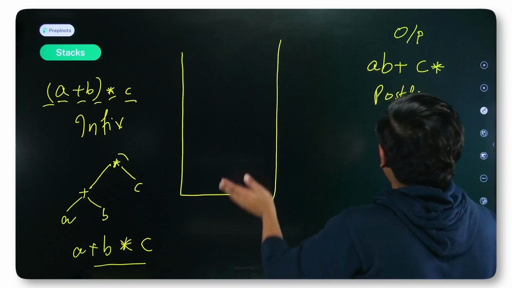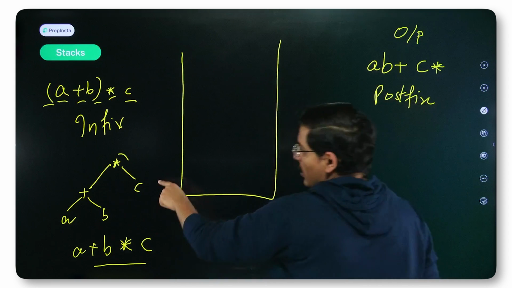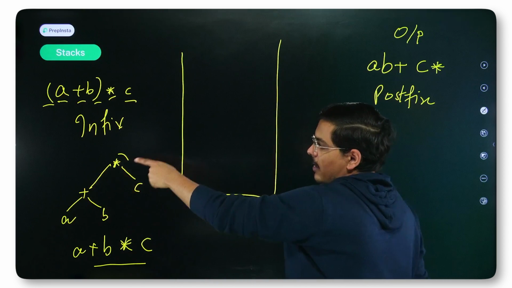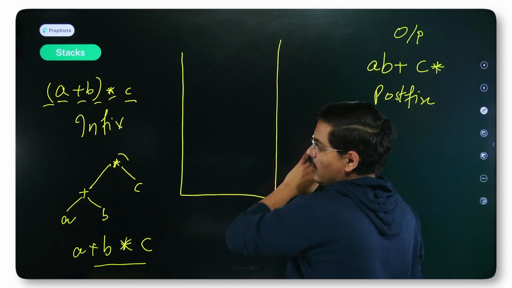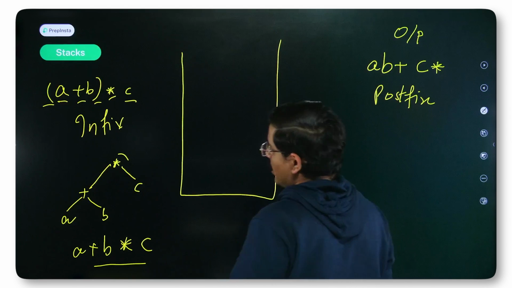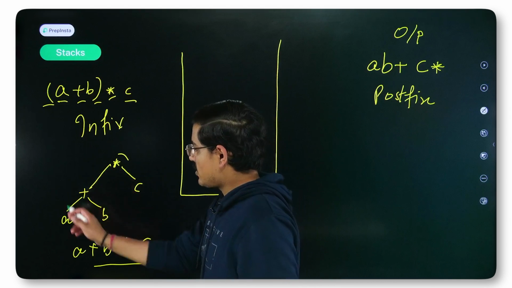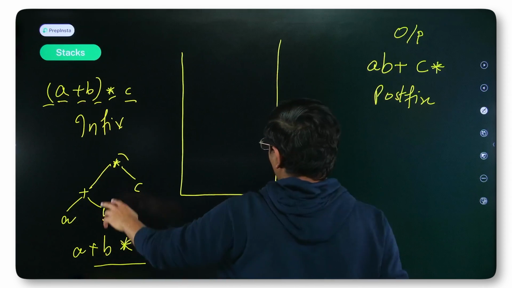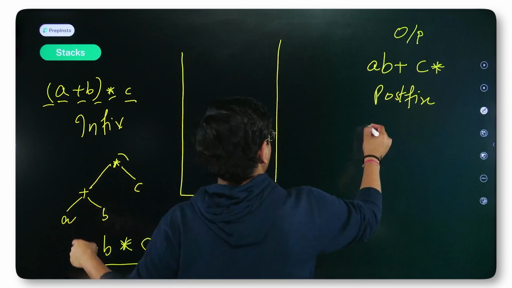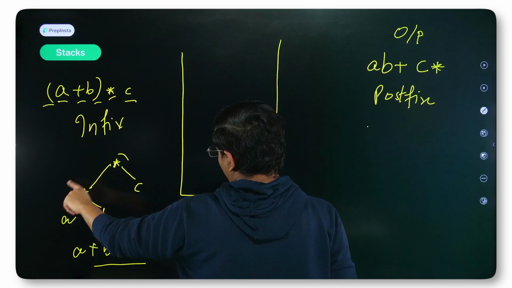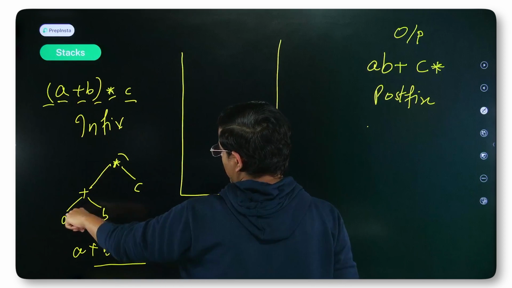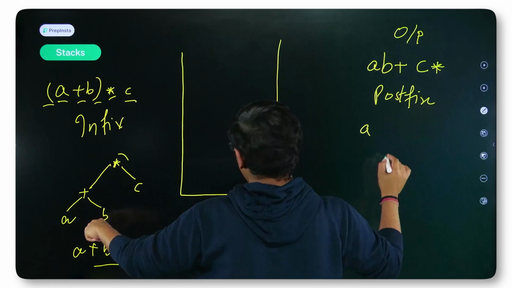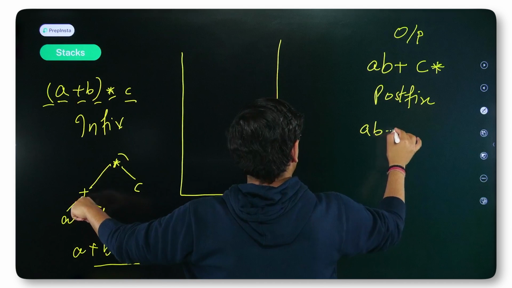Now when I come to the postfix expression, let's do the post order traversal of this so that we get the postfix expression. What does it suggest? First left, then right, and then root. If I go to the left subtree, there is again a subtree here, so again left, right, and root. Left is a, right is b, root is plus.